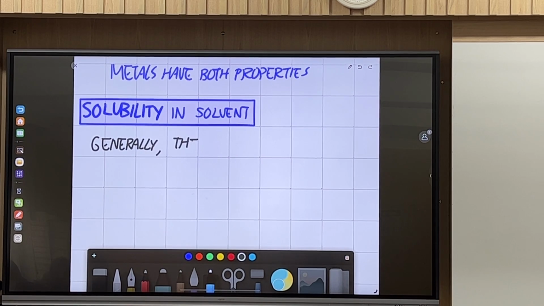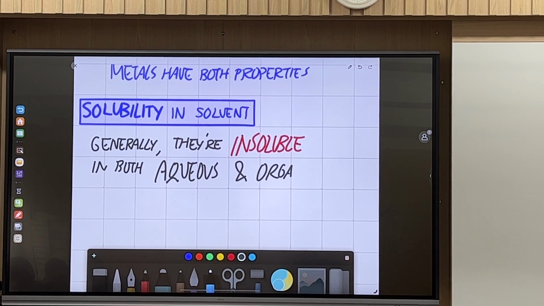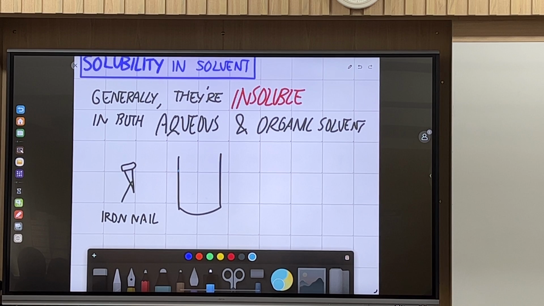They are insoluble in both aqueous and organic solvent. Just remember that. When you put an iron nail in water, it does not dissolve. When you put it in oil, it also does not dissolve.